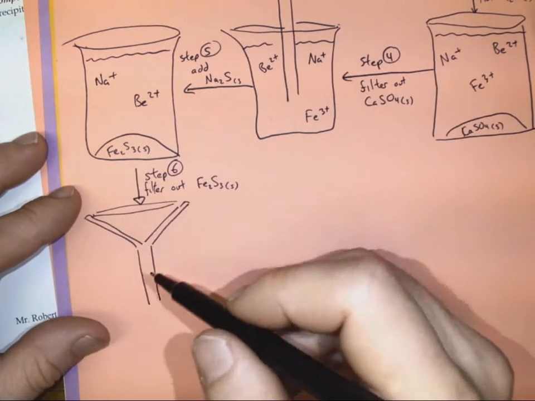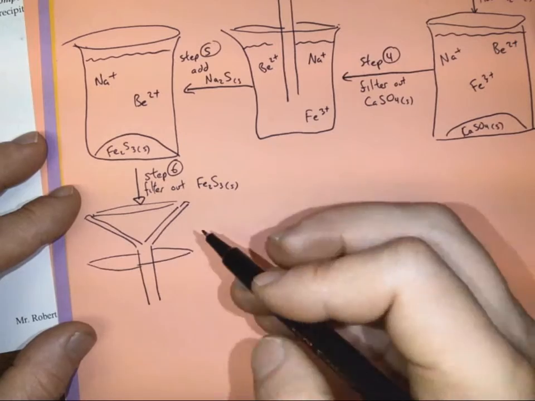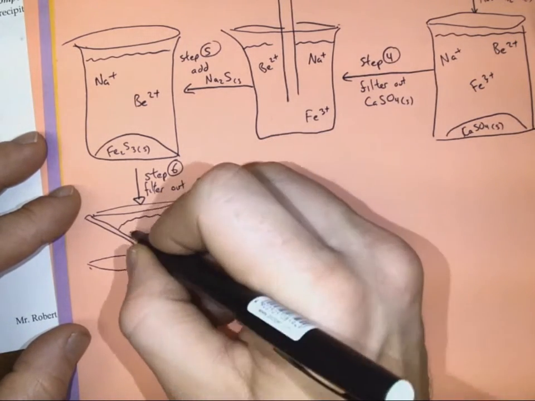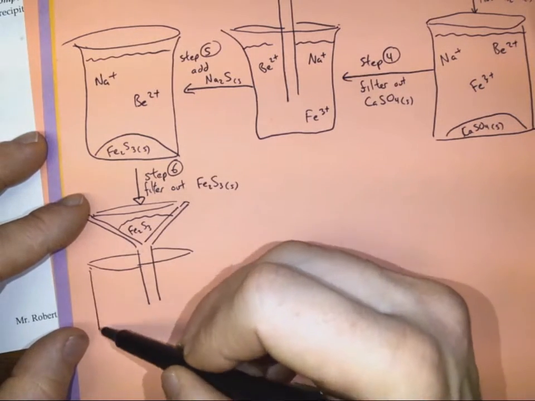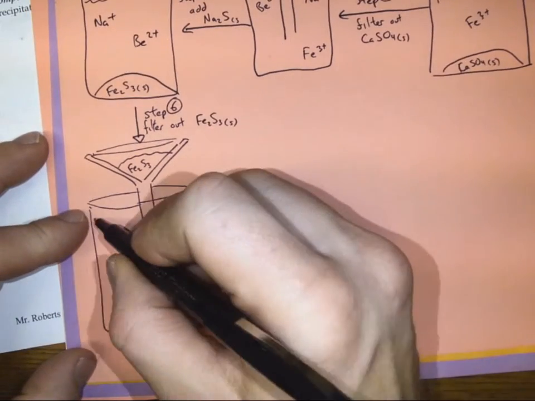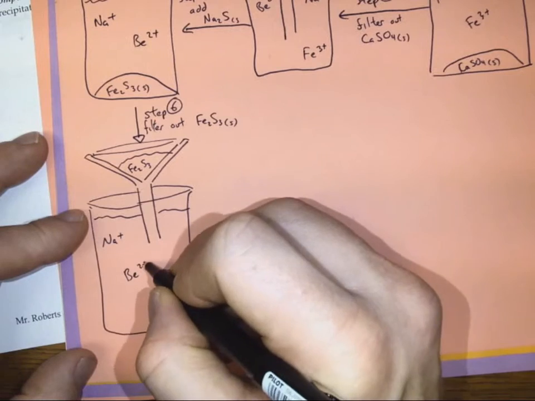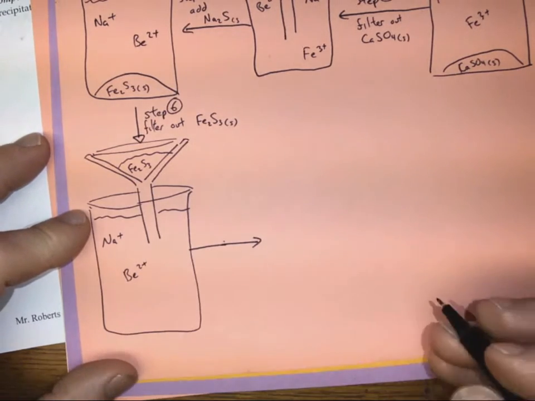And it's going to have all of our iron sulfide in it. And in our last beaker, we're going to have our sodium and our beryllium. So now we need to take out beryllium and leave the sodium.